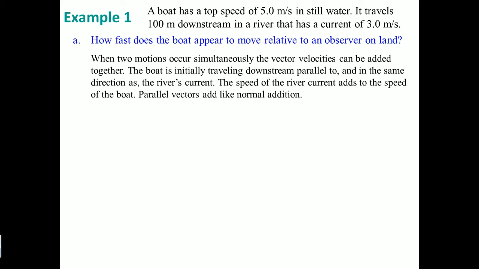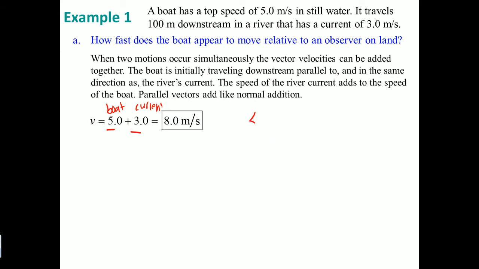Well, what you need to know is that you add the two velocities together. The reason why is because this is the velocity of the boat, and this is going to be the current. And this is when they are together. So here's your boat, here's your boat velocity.